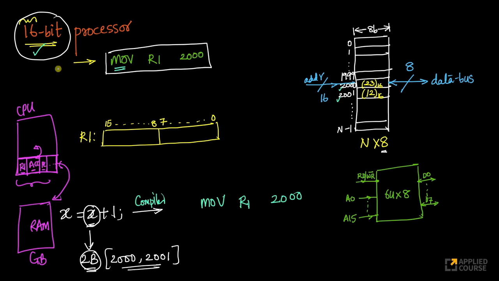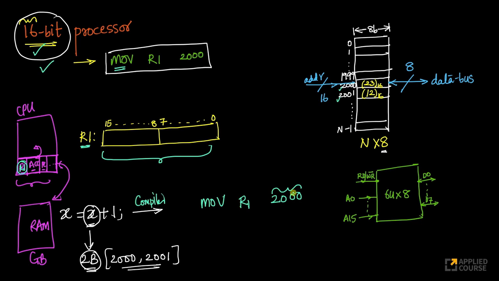So what this does is it copies, look at this, it says copy whatever data is there in address 2000 to register R1. Let's say register R1 is a register in my CPU. Now because we have a 16-bit processor, it doesn't just copy 1 byte, it copies 2 bytes. So your register R1 is also going to be a 16-bit register because what we have here is a 16-bit processor.